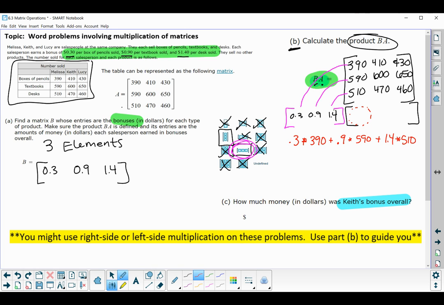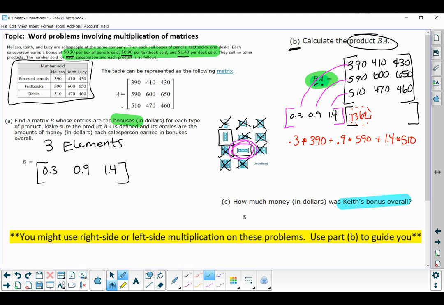I lost my calculator, so that's good news. So if you crunch those together, you are going to get 1362.